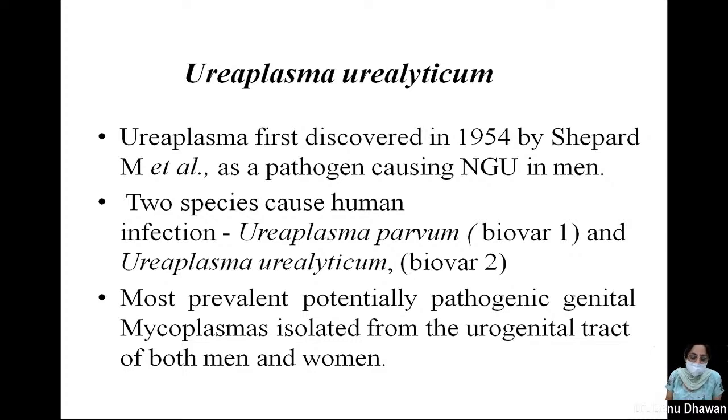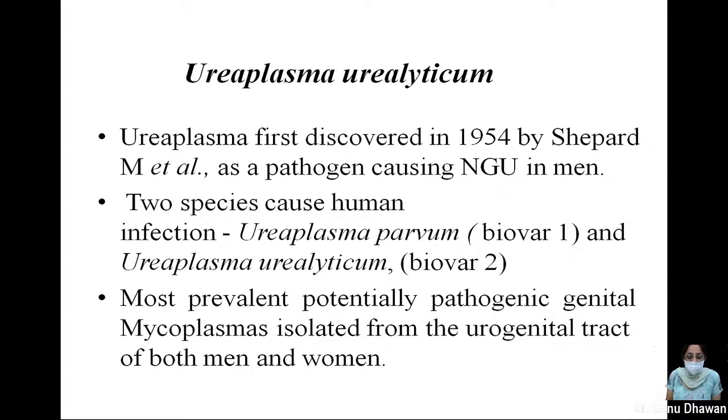As I said, you have the genus Ureaplasma, but two species in it. Generally we just say Ureaplasma urealyticum, but actually you have two: Ureaplasma parvum, which is also known as biovar 1, and Ureaplasma urealyticum, which is known as biovar 2.